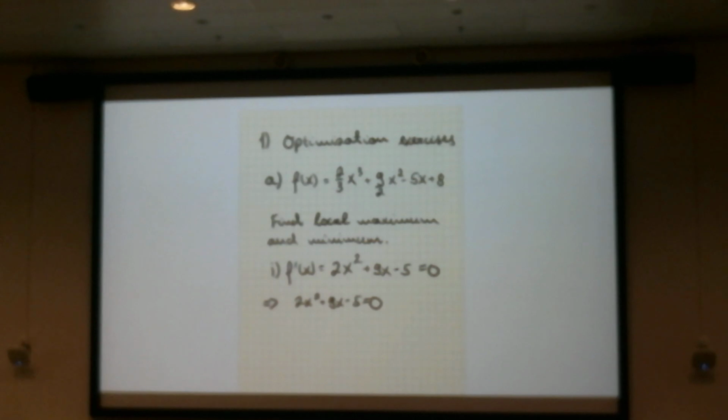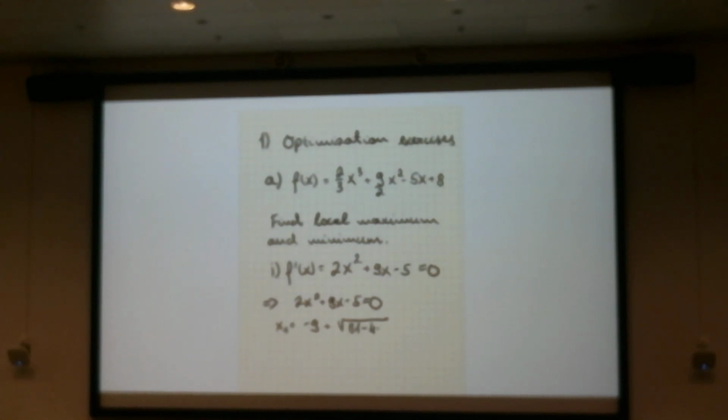So we can use the formula: x1 equals minus b, so minus 9, plus the square root of b squared minus 4 times a times c. Here b squared is 9 squared, 81, minus 4 times 2 times minus 5.